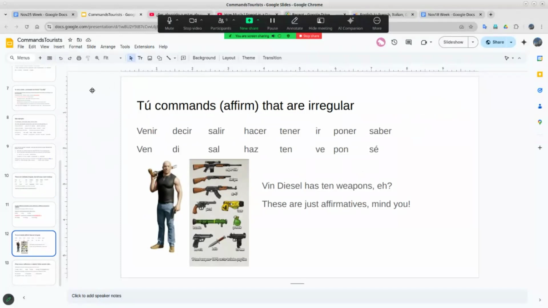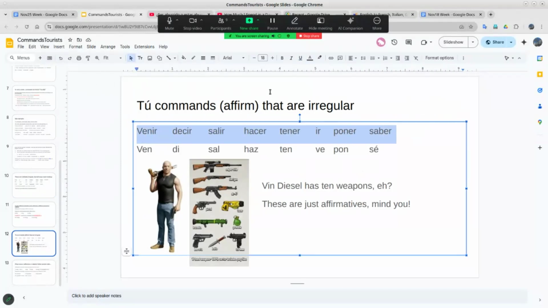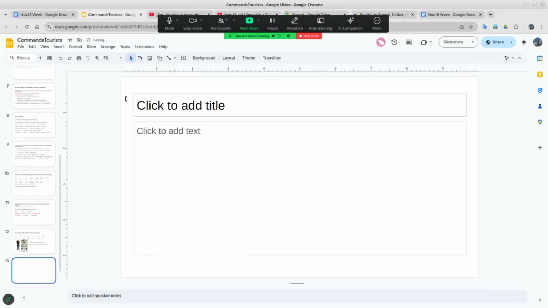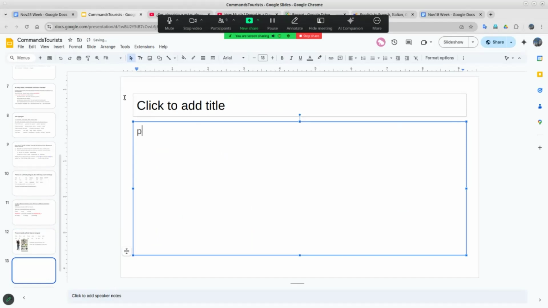Let's look at these in negative. Like, don't put that over there. You never leave your spoon in that place. You'll never find it again if the kid puts it there, whatever. Let's add something here. Poner.